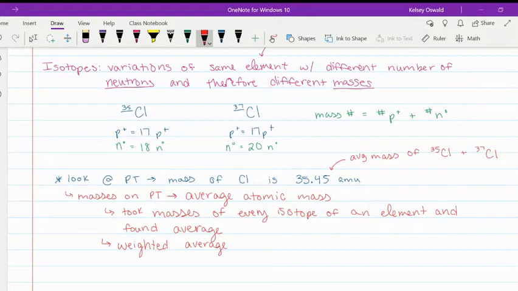You're right, because if we took the average between 35 and 37, we would not get 35.45. The reason we get that 35.45 is that it's a weighted average, so we take into account the percent abundances of each isotope.